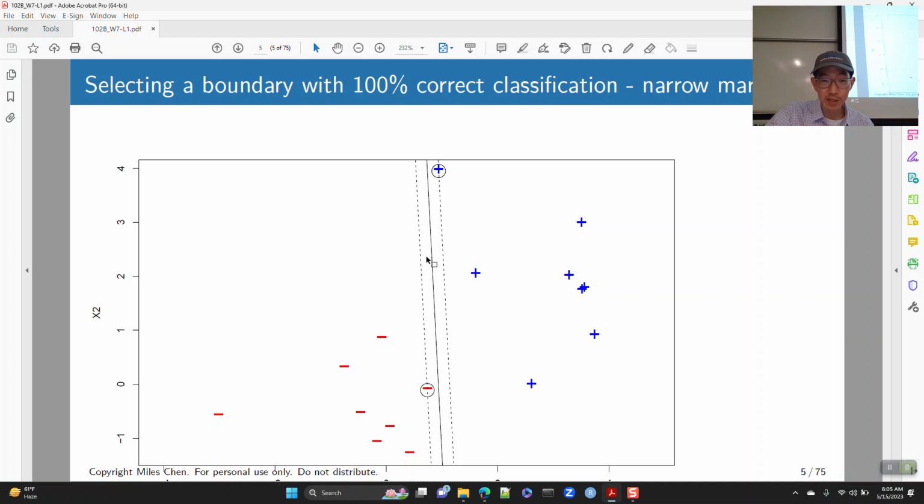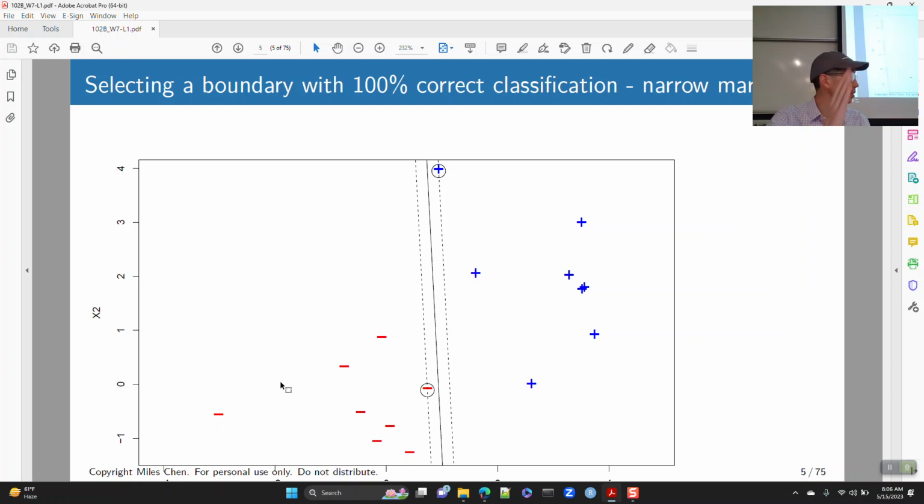Okay, the dashed lines can be as far apart as this, right? So if this is my boundary and I have these lines parallel to it, how wide can I make it where basically everything is classified correctly? Everything to the right of this line, I only have blue points to the right of it, and then everything on this side I only have red points to the left of it.